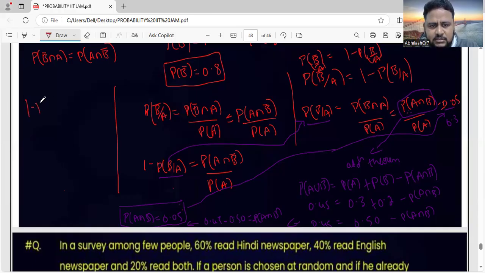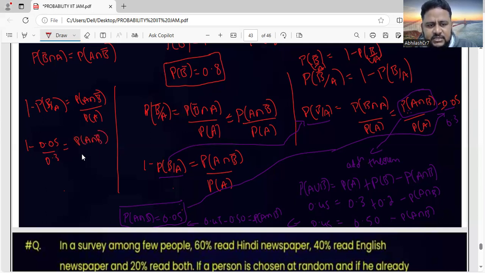1 minus probability of B by A is equal to probability of A intersection B dash by probability of A. Listen carefully. So 1 minus probability of B by A, we got it as 0.05 divided by 0.3. It is 0.05 divided by 0.3 is equal to probability of A intersection B dash divided by probability of A. Probability of A is what? 0.3.